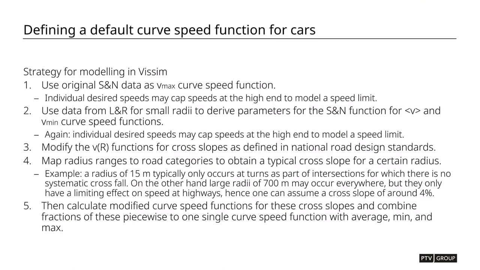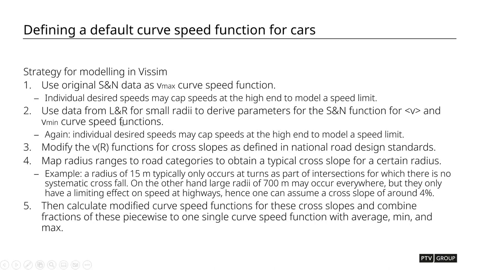For them, it was the 85% driver, but we use it as upper speed limit. And then, of course, individual desired speeds may cap that. If a curve speed is computed to be higher than the desired speed of that car anyway, then of course the car does not speed up, but stays at its desired speed.